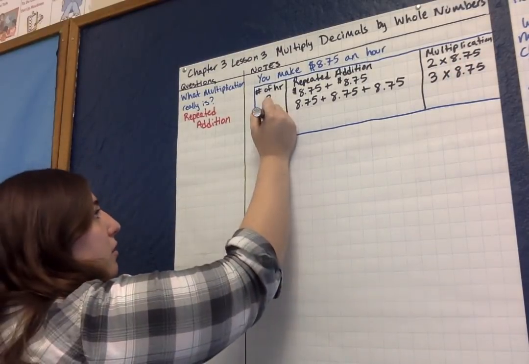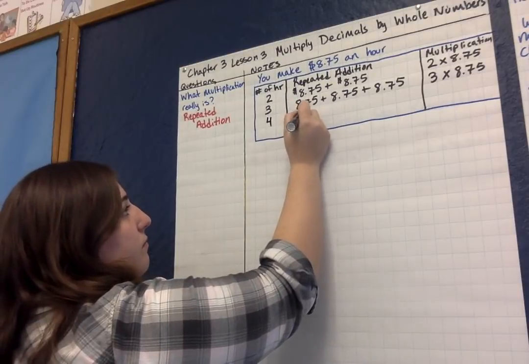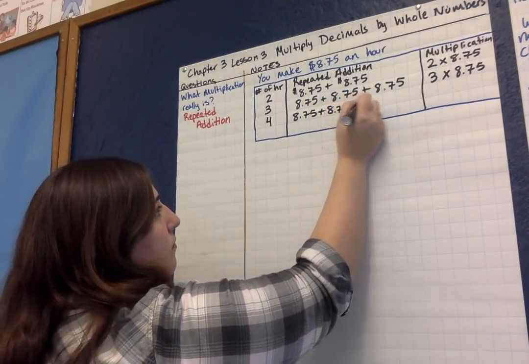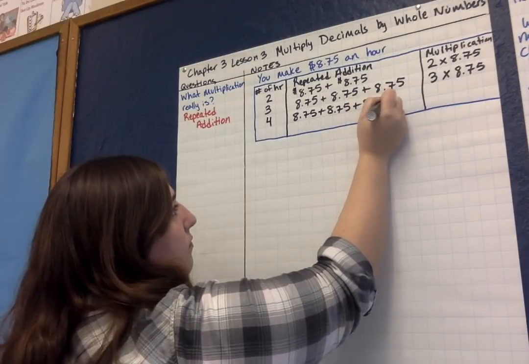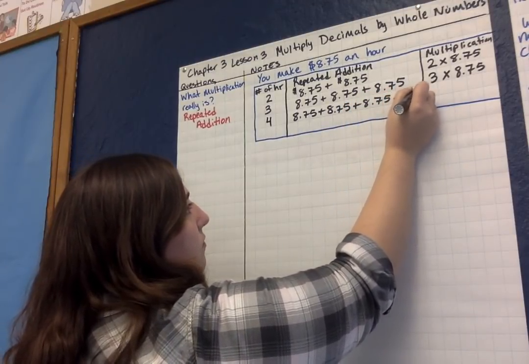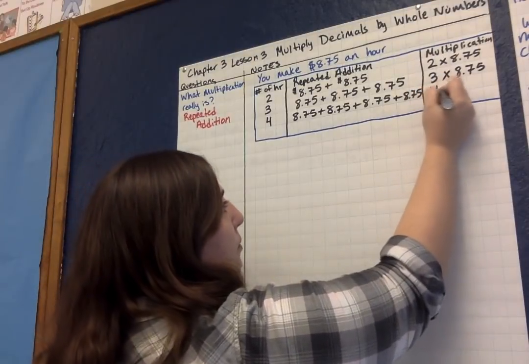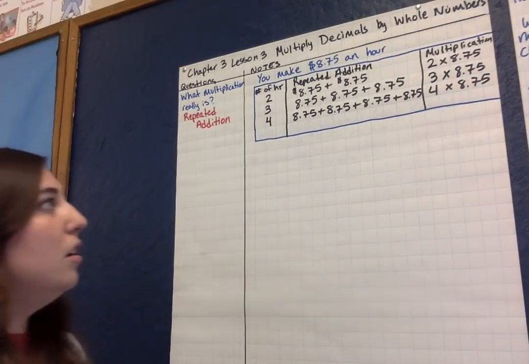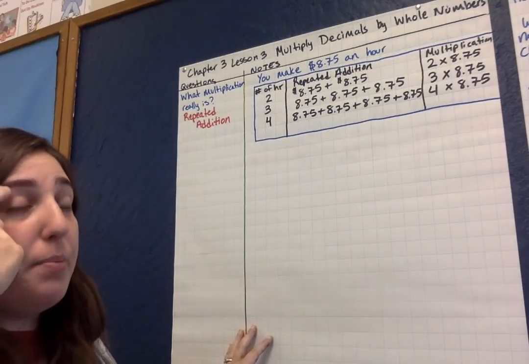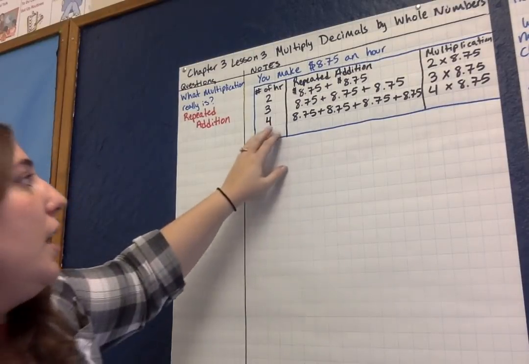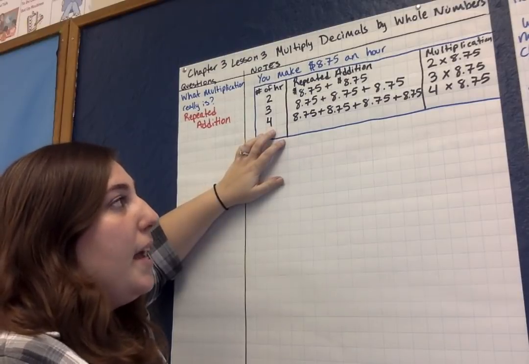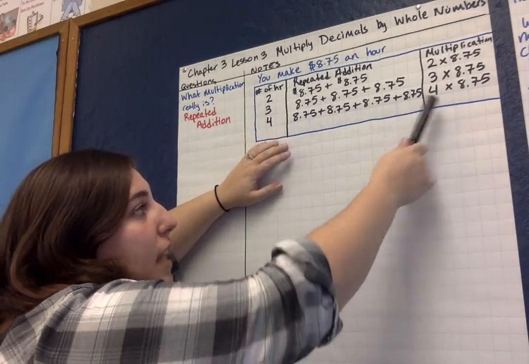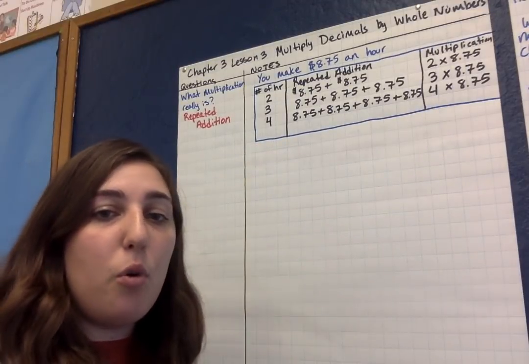How about 4? And then it would be 4 times $8.75. Okay, so to put it into perspective for you, each time you multiply, okay, so if I'm multiplying 4 times $8.75, I'm really just adding $8.75 4 times.